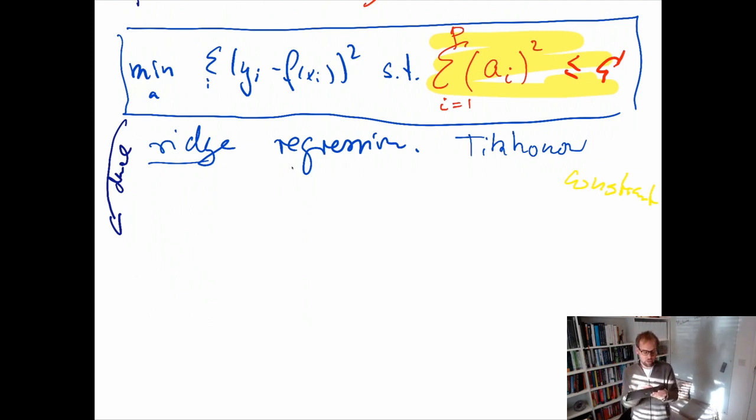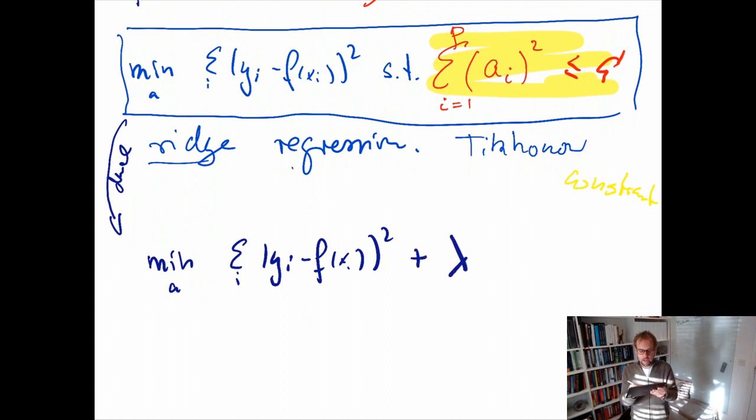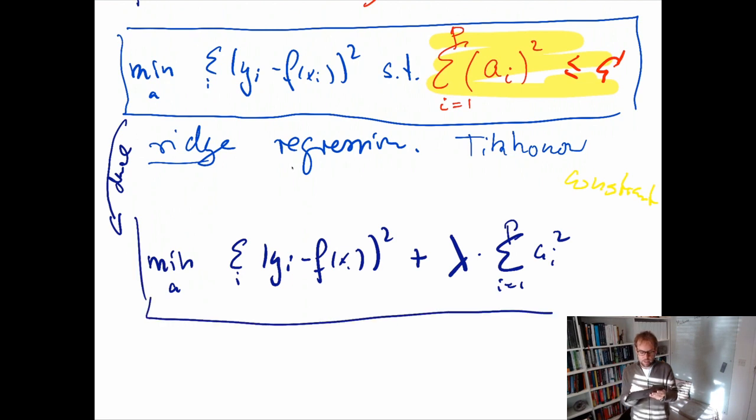And the way to write it is, I write the minimum over a of the loss function, and then I write plus lambda times this expression, the sum from 1 to p of ai squared. Now this is called the dual optimization problem, dual to the constrained one above.